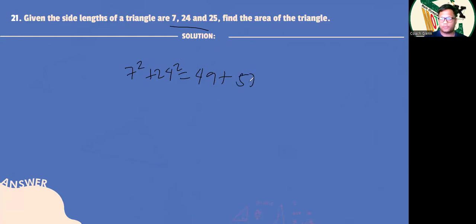So add the two, 49 plus 576, that's equal to 625. Now let's solve for 25 squared. So 25 squared is 25 times 25, so that's 625.